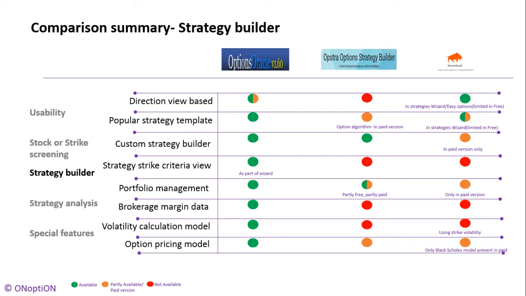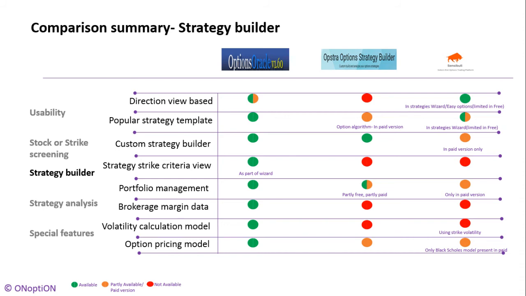Opstra has it, but it supports a maximum of 2 strategies; more than that, you have to pay. Sensibull offers it as part of virtual trade in the paid version. Brokerage and margin data: if you can feed them in, you can get your profitability analysis including these expenses. That's available in OptionsOracle, but missing in Opstra and Sensibull.